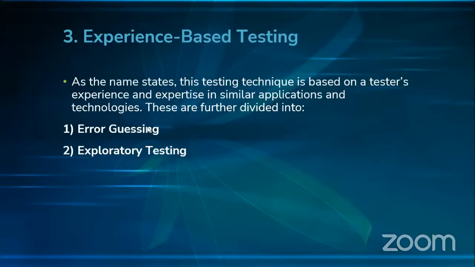Yeah. Decision table technique. Okay. State transition. Yeah. Correct. And also for experience-based, how many did we talk about this evening? Error guessing, exploratory. We have talked about 2.